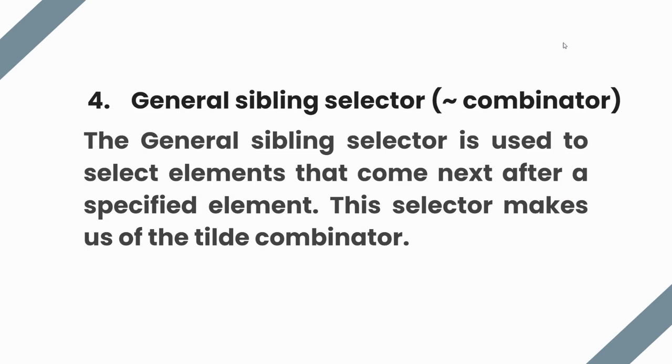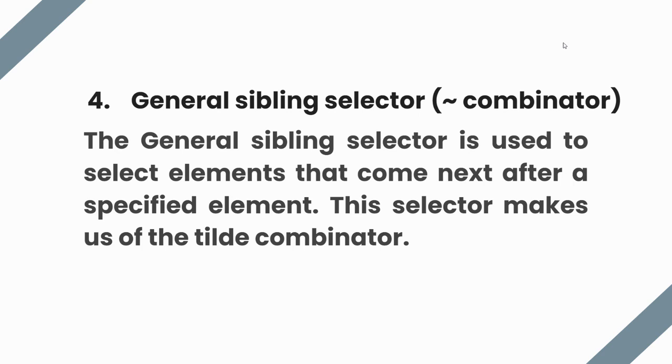So for the last selector, we have the general sibling selector. The general sibling selector is used to select elements that come next after a specified element. This sounds similar to the adjacent sibling selector, but they are quite different.